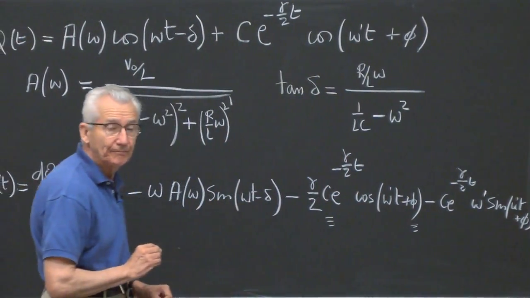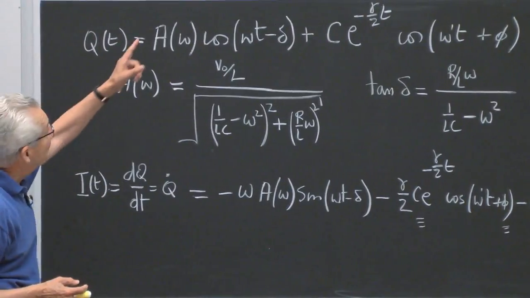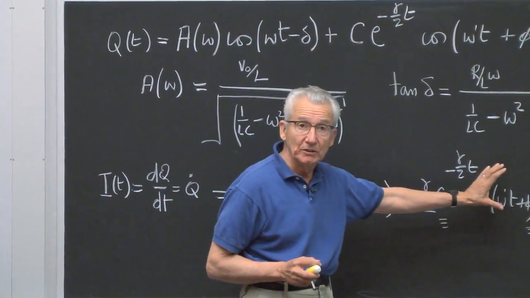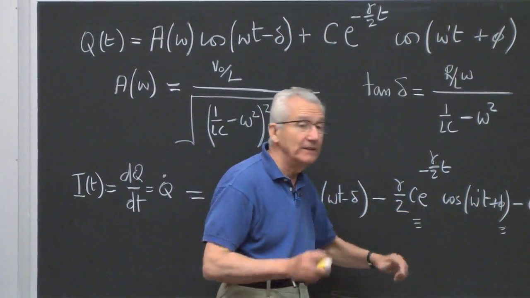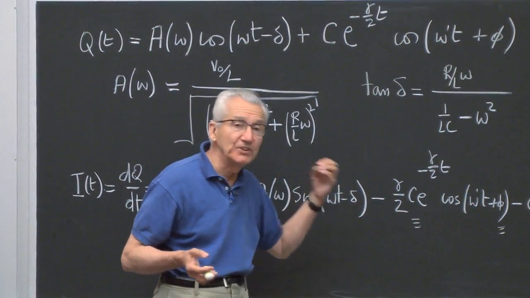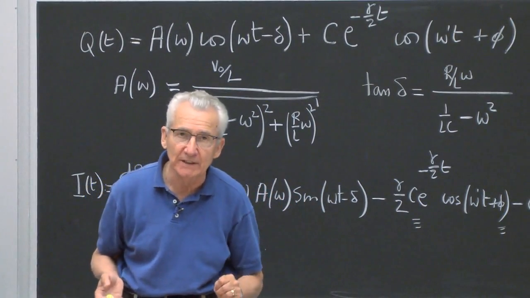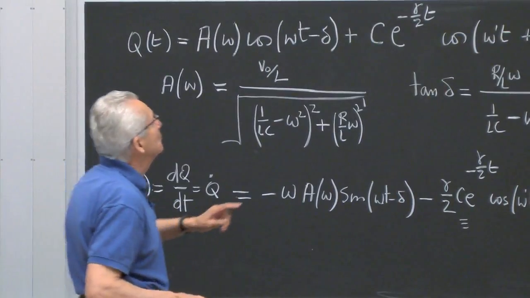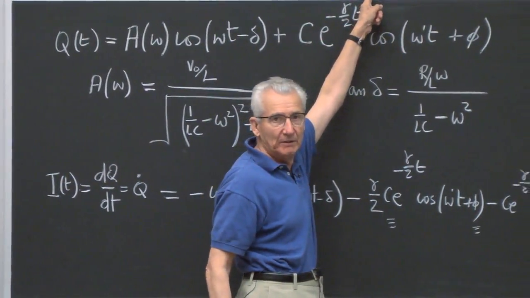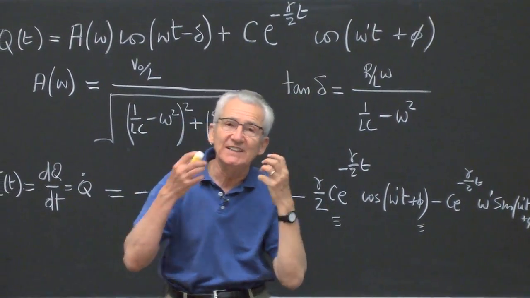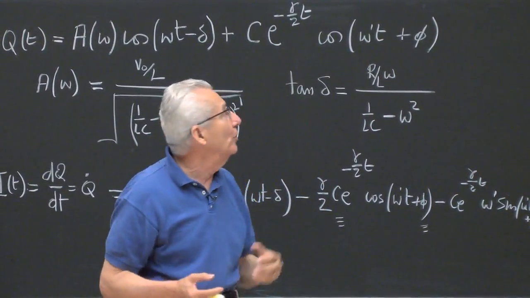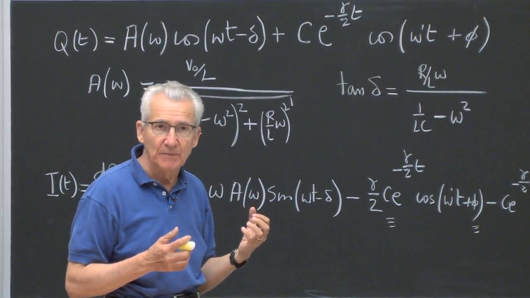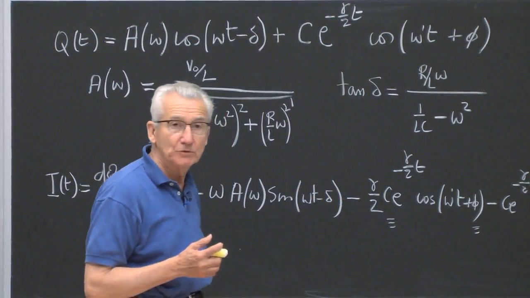Those are unknowns. But this would be the answer to my question if I knew C and phi. Then everything is known. Then I could predict exactly what will happen at any instant of time. How do I find those two? This is where the boundary conditions come in. That's why you need at least two boundary conditions, or initial conditions, two facts about this system to be able to determine those constants.